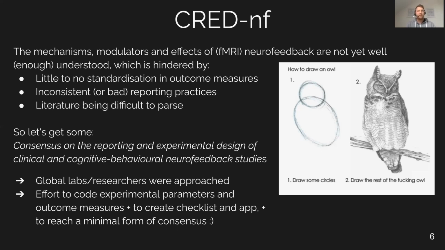And really bad reporting practices, or just inconsistent reporting practices. So the literature is difficult to parse. It's difficult to put everything together and conduct a meta-analysis, for example. So the idea here was to get consensus on these things. And obviously for consensus, you need wide representation within the field, so you need collaboration of multiple researchers from multiple labs doing similar research.